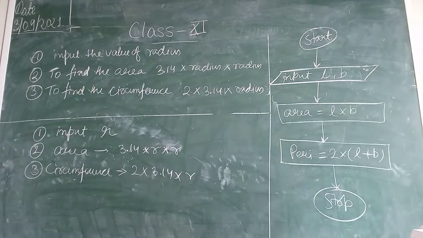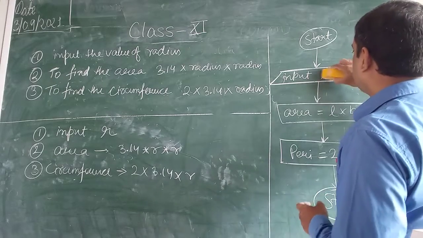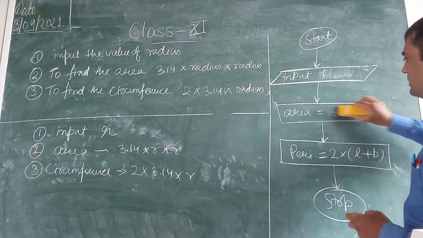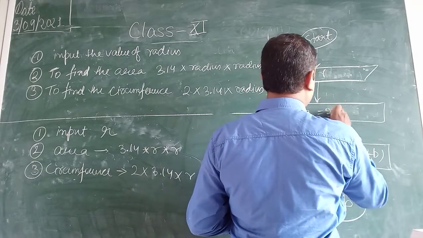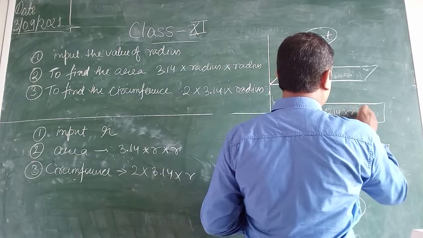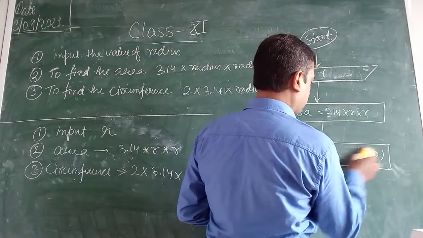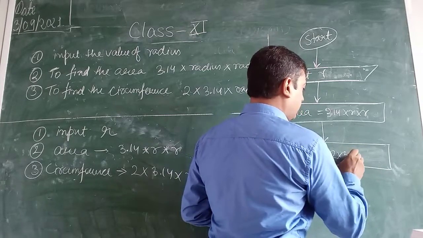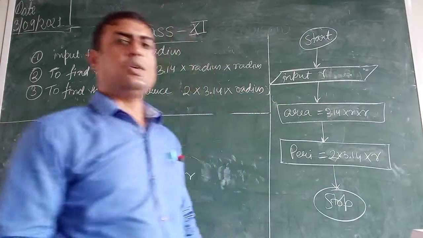Now in this we can write in the flow chart, input R, area is 3.14 into R, perimeter is 2 into 3.14 into R, and now stop it.